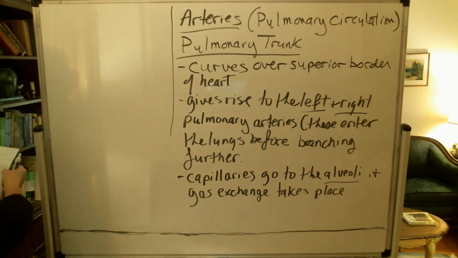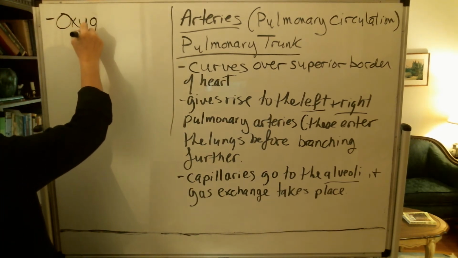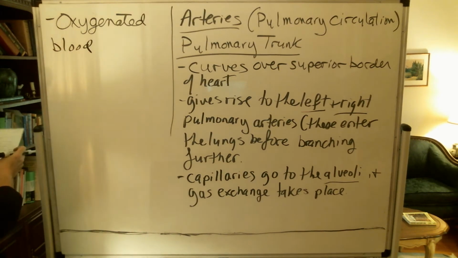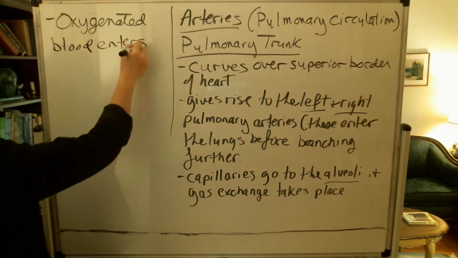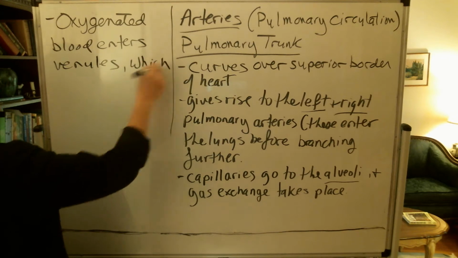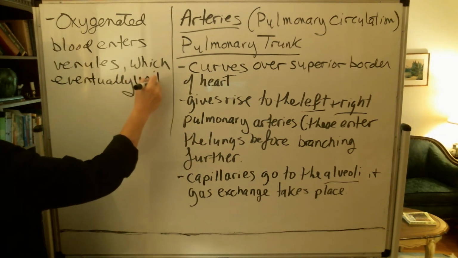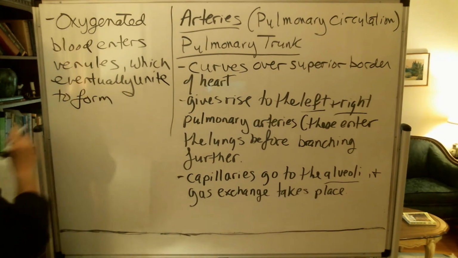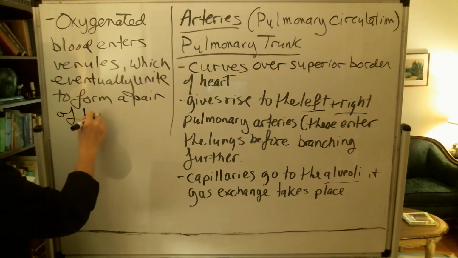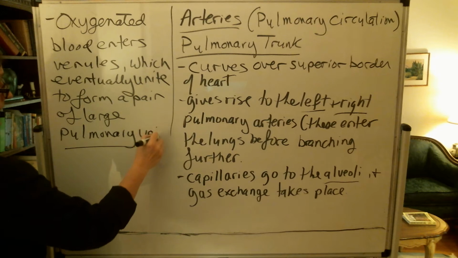And then after gas exchange has taken place, the oxygenated blood then enters venules, which eventually unite to form a pair of large pulmonary veins.